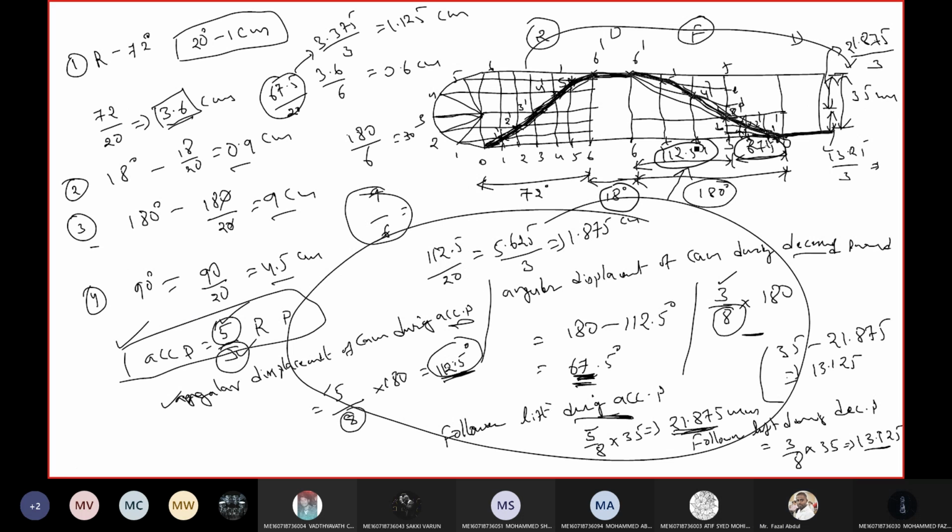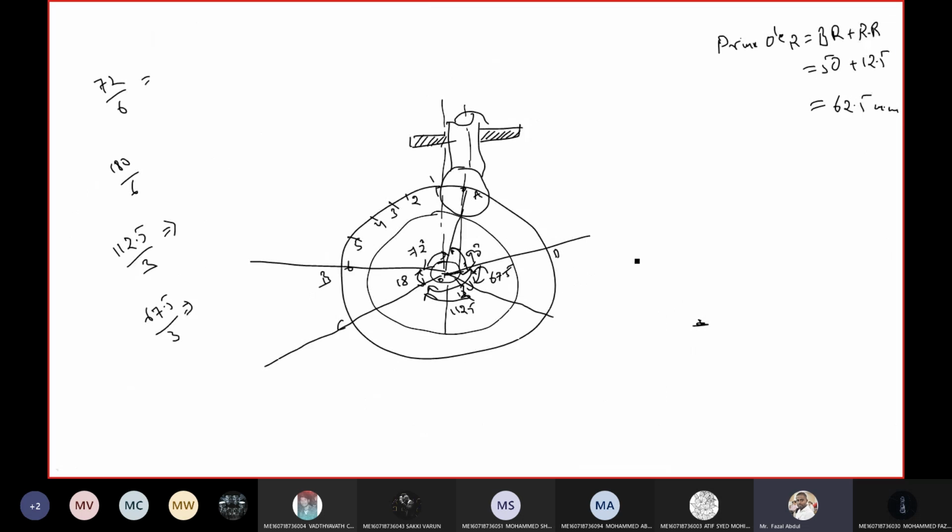So 112.5 divided by 3 is 37.5, and 67.5 divided by 3 is 22.5. Maintain this much degree and divide the first one.